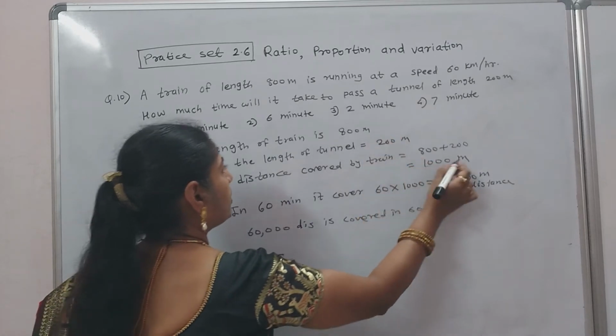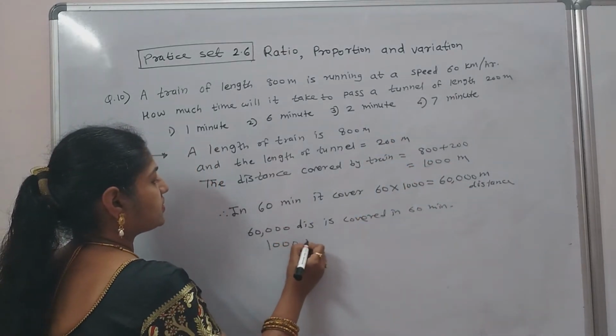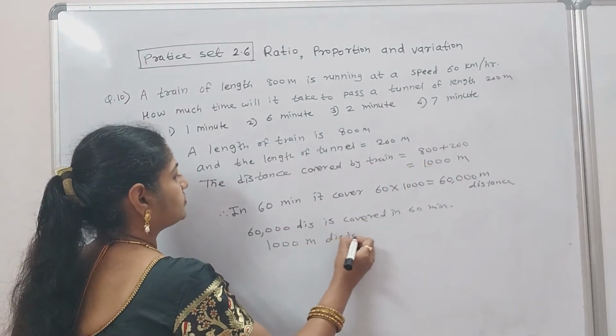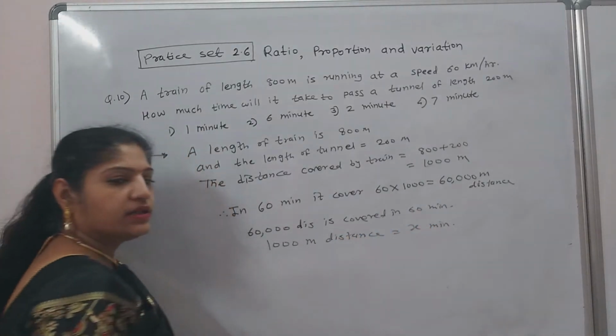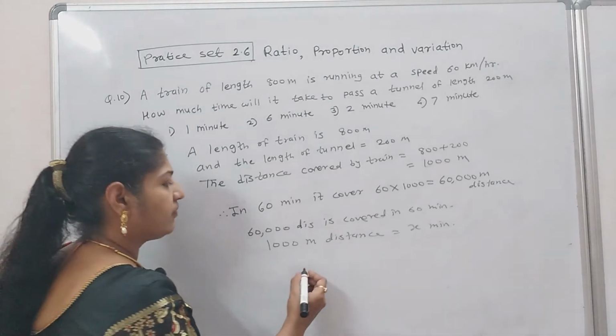Now 1000 meter distance equal to x minute, and this is the example of the direct variation.